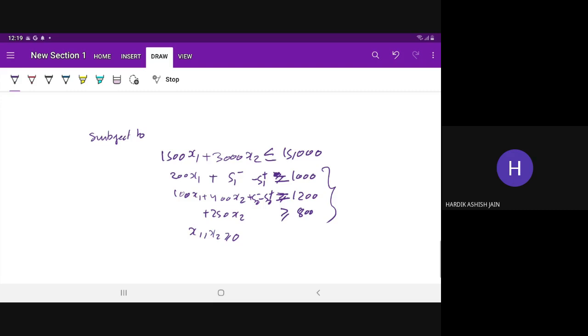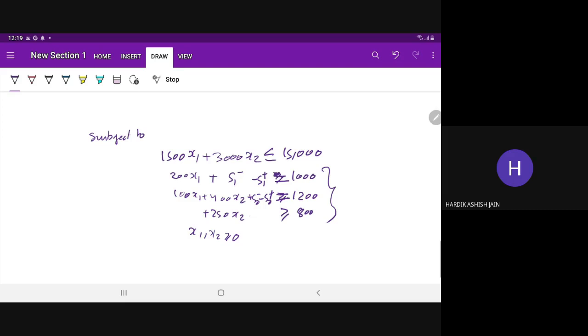Either one should be positive, right? Both simultaneously can be 0. When 200x1 is exactly equal to 1000, then S1 minus and S1 plus are both 0, but both simultaneously cannot be positive.